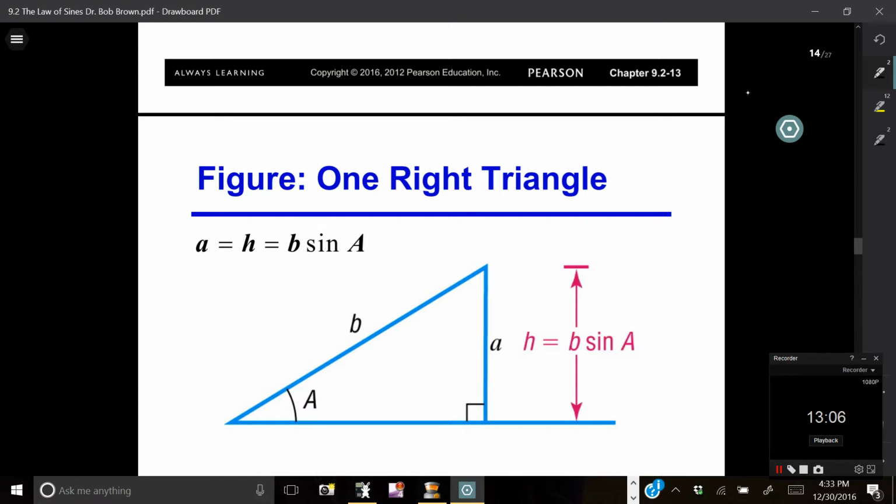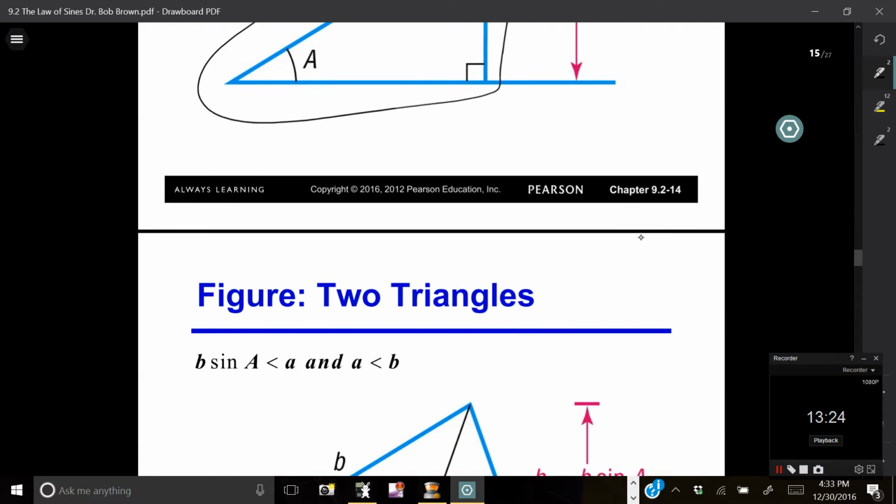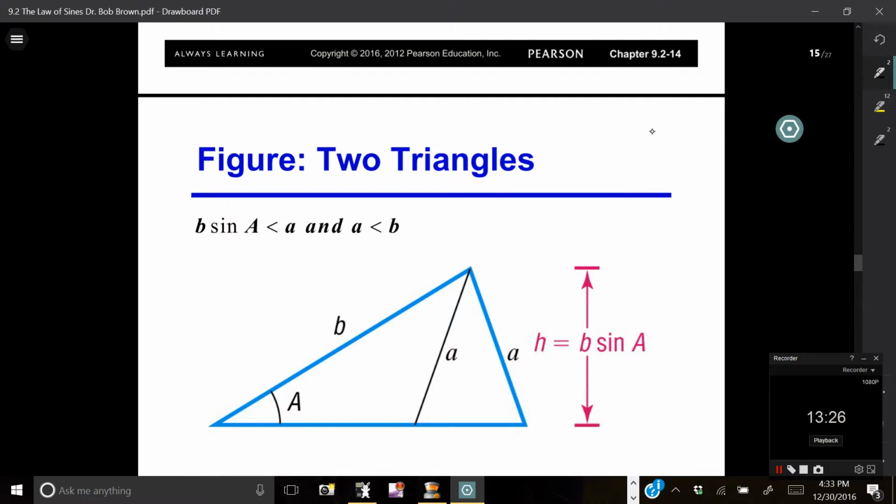You can have one triangle if A is exactly equal to B times sine of A. Then the triangle you have is a right triangle. In some cases, you could have two triangles depending on the angles and the sides.